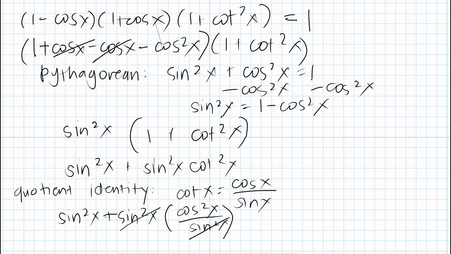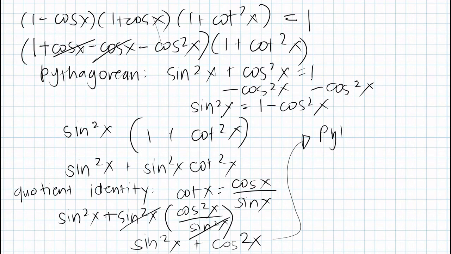Here we can cancel sine squared x, and that leaves us with sine squared x plus cosine squared x, which we know is equal to 1. So that means that our answer is equal to 1.